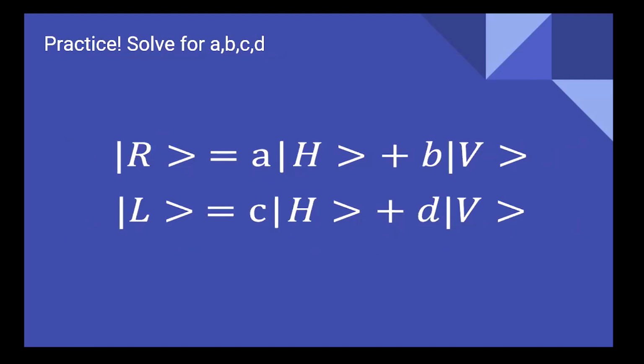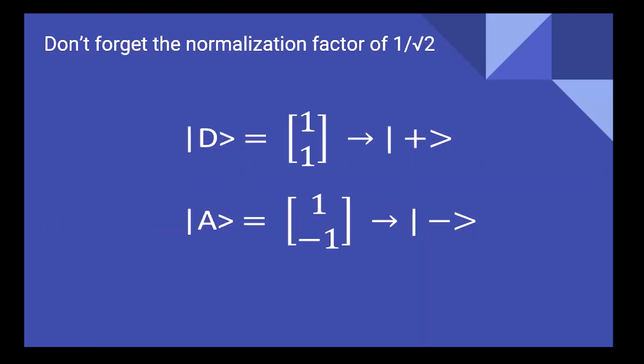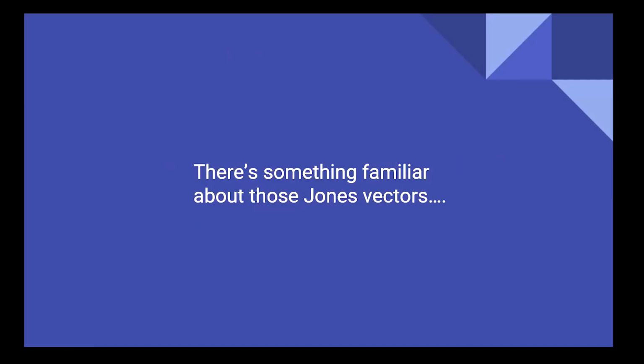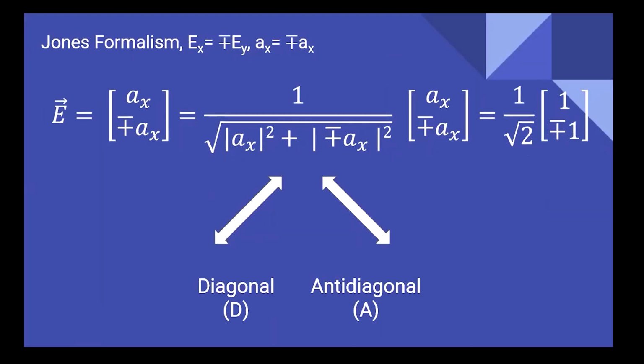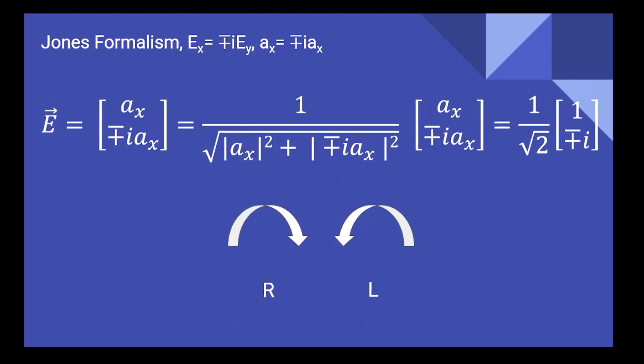Okay, so for the circular basis, this is just a fun little exercise to help engage you a bit more. Try to solve for A, B, C, and D. Did I put the answer in the lecture notes? For those who really want to recall what the R and L are, R and L basically can be one over square root of 2, 1, then plus or minus i, then whichever one you want to call R, and which one you want to call L. Everyone okay with the R and L?